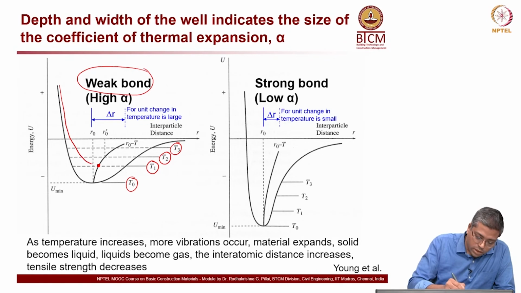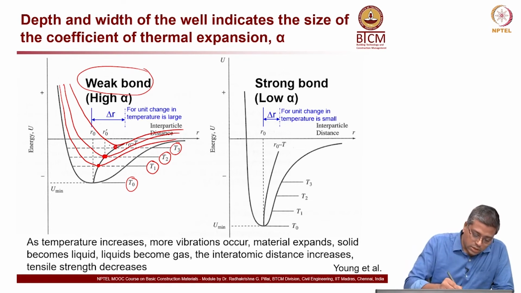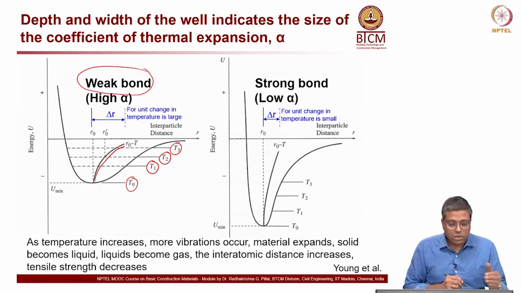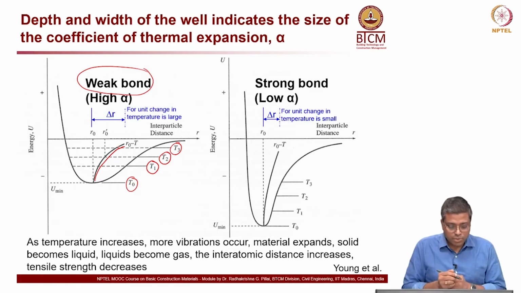It might become something like this. At T2, that is here, the curve might become something like this. At T3, that is here, the curve might become something like this. So the curve keeps changing. Now this black line is the locus of all those bottommost points at different temperatures.